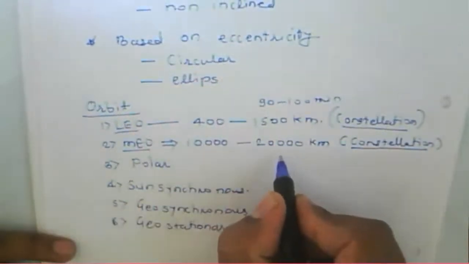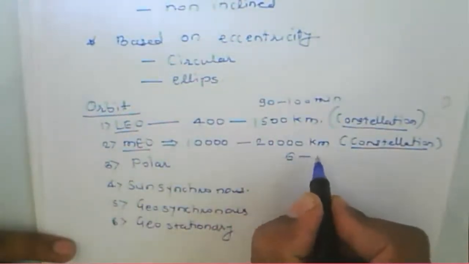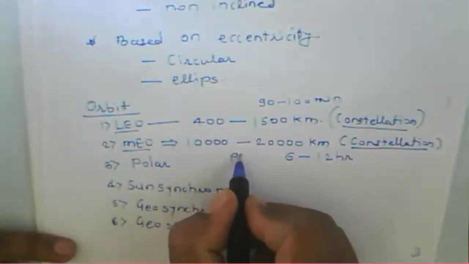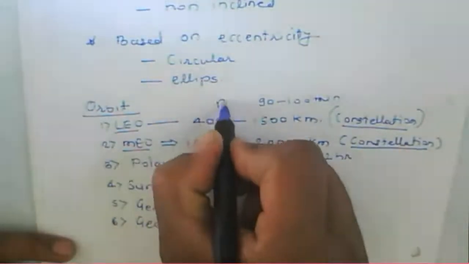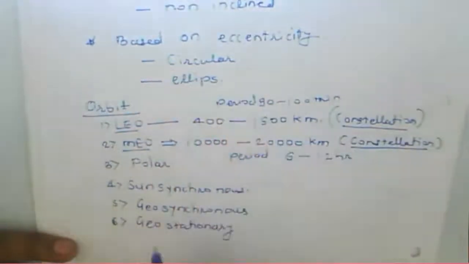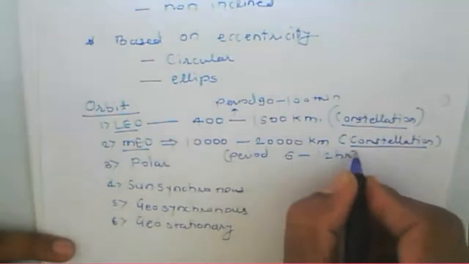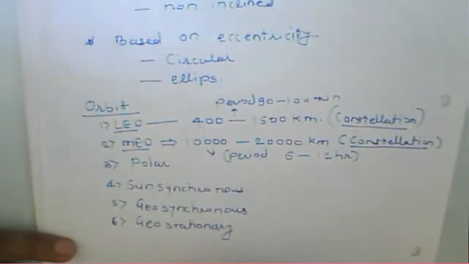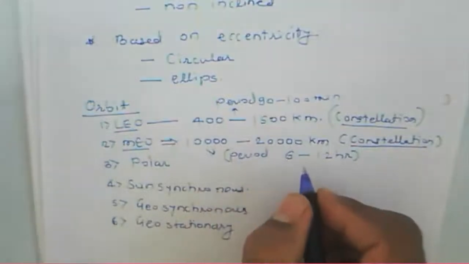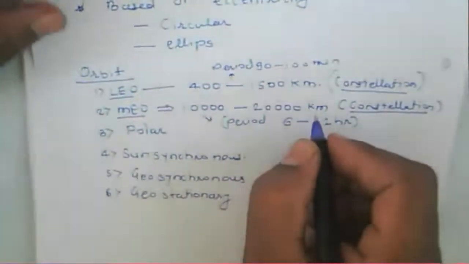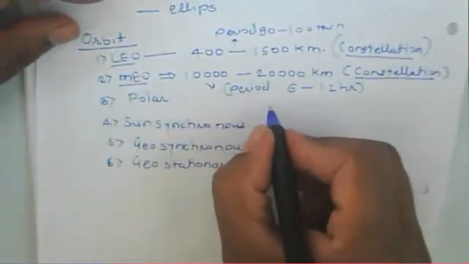But in the case of the MEO orbit, the period is about 6 to 12 hours. This is the period of the LEO orbit, and here the period of the MEO orbit. For one revolution, it requires 6 or 12 hours.